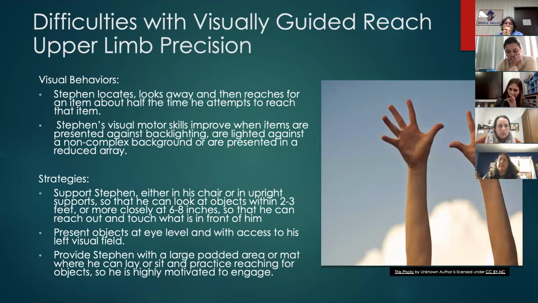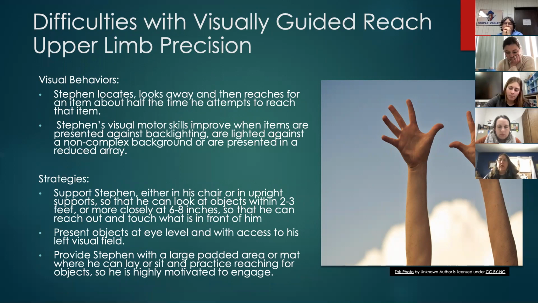Okay, so sometimes we're going to have difficulties, and we talked a little bit more about that dorsal stream, the ventral stream. Well, this would be a dorsal stream area, where it's the where system, like where things are at. And so there might be difficulties with visually guided reach or upper limb precision.